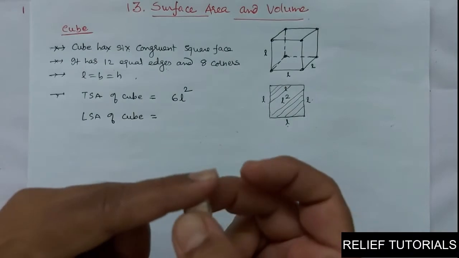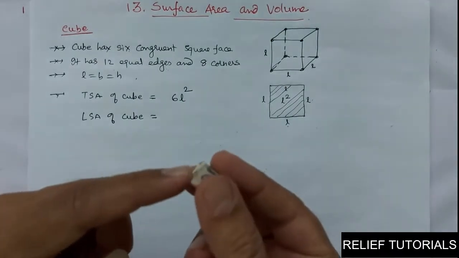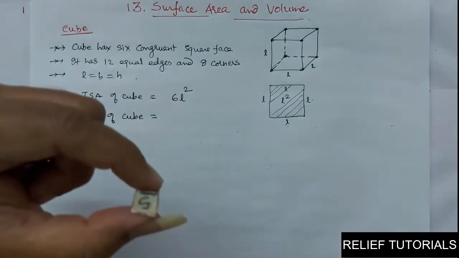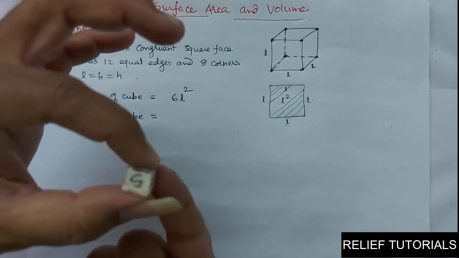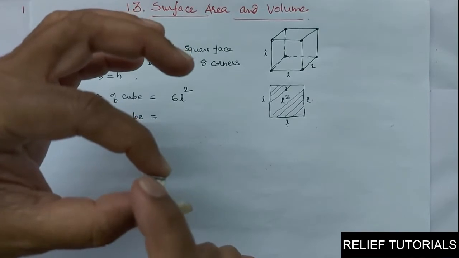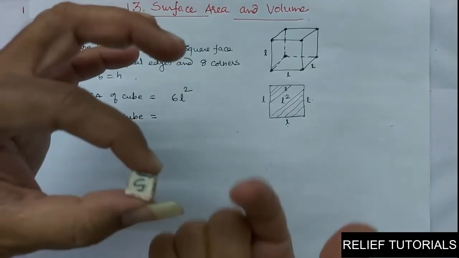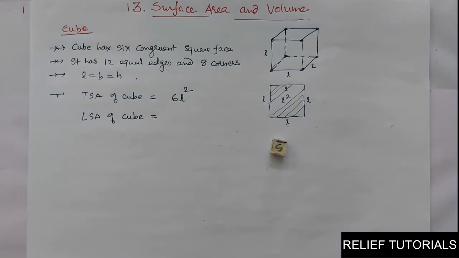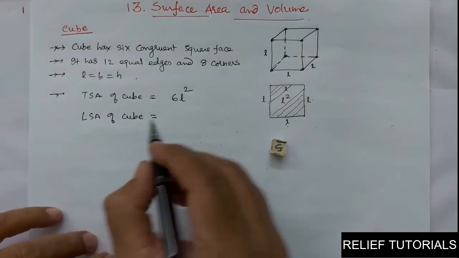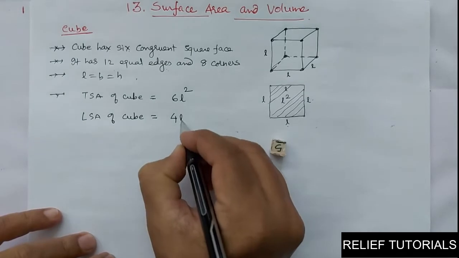Lateral surface area means these 4 faces, except top and bottom. So the area of 4 faces is called the lateral surface area. So the lateral surface area of a cube is the area of 4 faces, which equals 4L square.